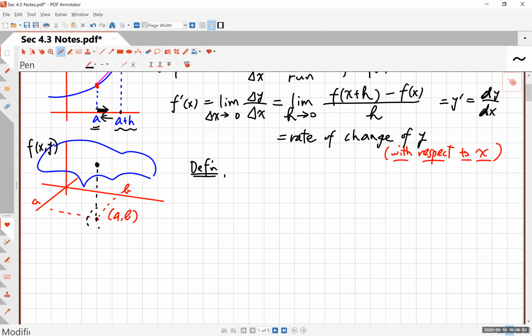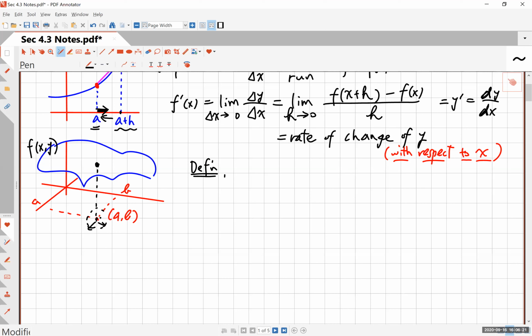Over here, you have tons of directions, infinitely many directions. You can go this way or any kinds of ways. So we can't just talk about the rate of change, but we can talk about the rate of change in the direction of, and then we can describe that direction by a vector.